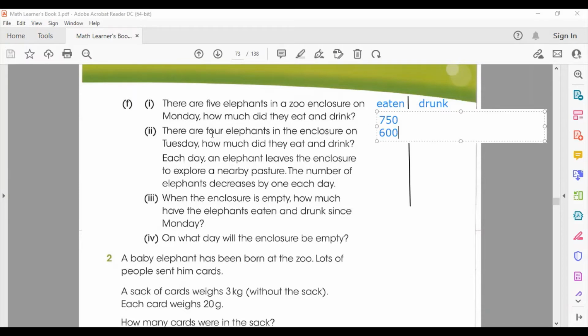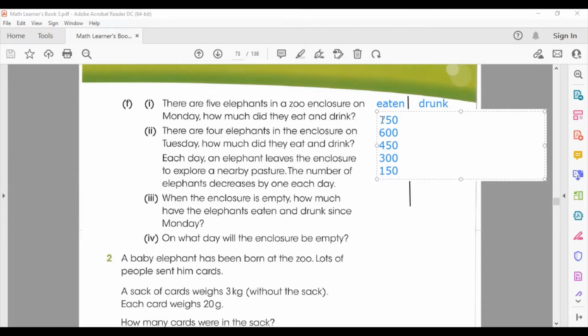Like this on Tuesday, 4 elephants, 4 multiplied by 150, it's 600. The next day, we multiply 150 by 3, because every day 1 elephant is gone, it's 450. Next day, 2 elephants, 150 multiplied by 2, it's 300, and then 150, and then gone.